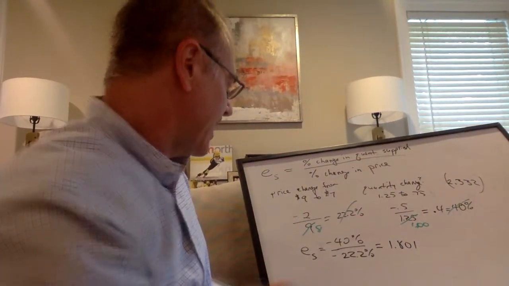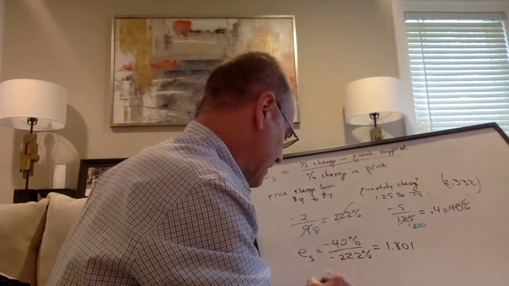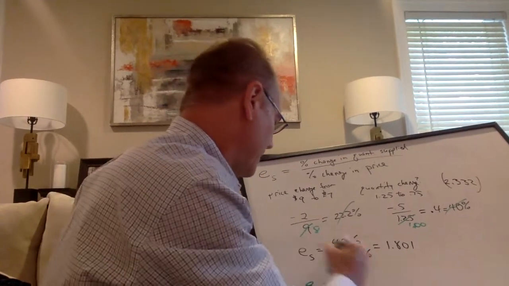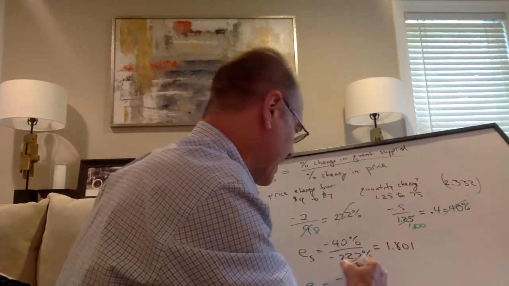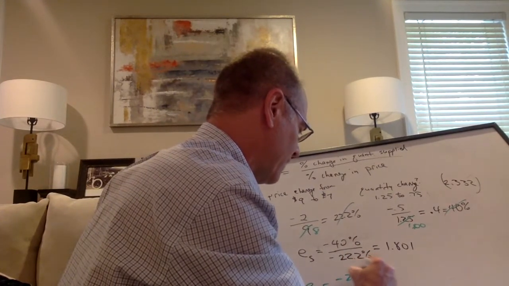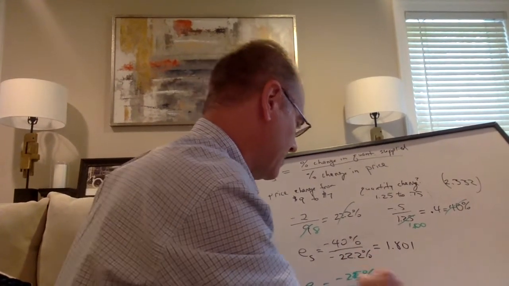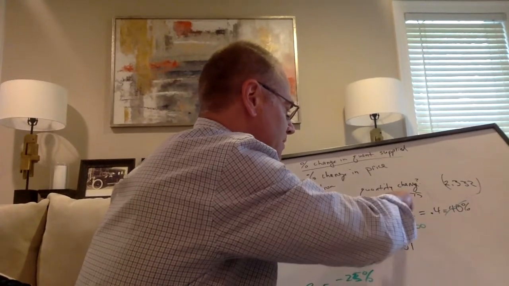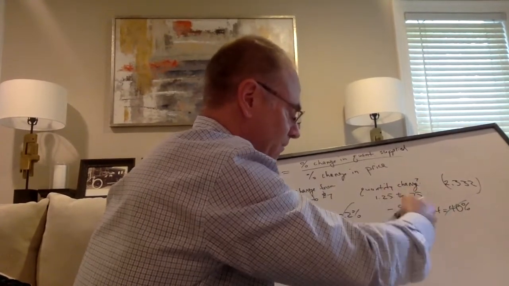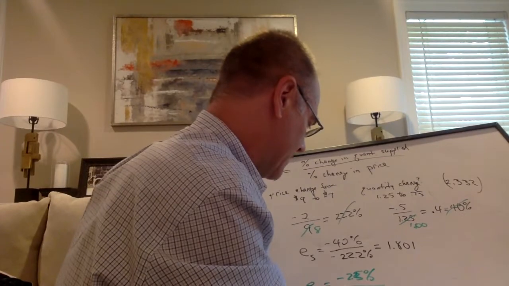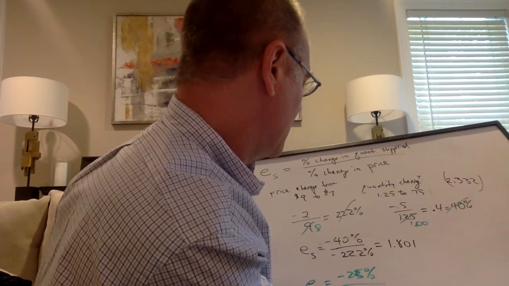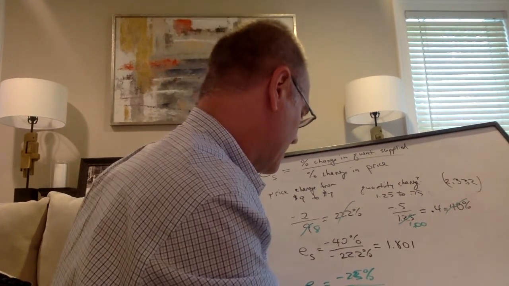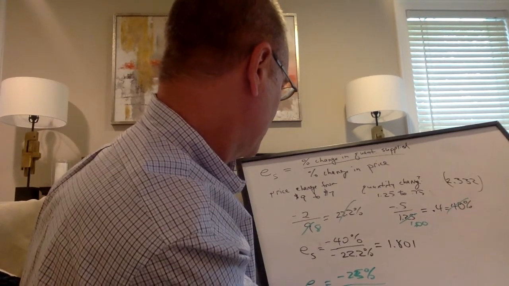What we're going to get instead: negative 2 divided by 8, that's negative 25%. And this number is negative 0.5 divided by 1, and that is negative.